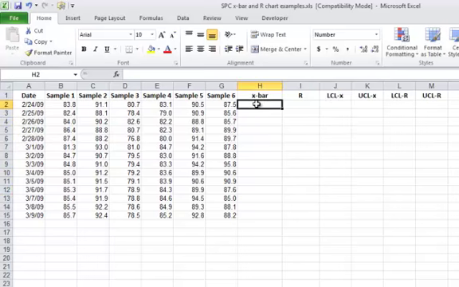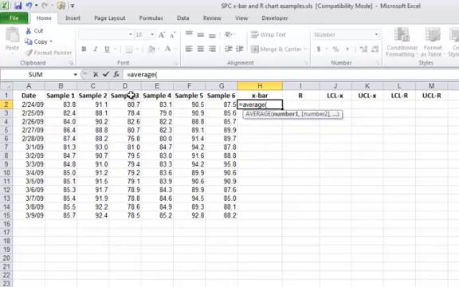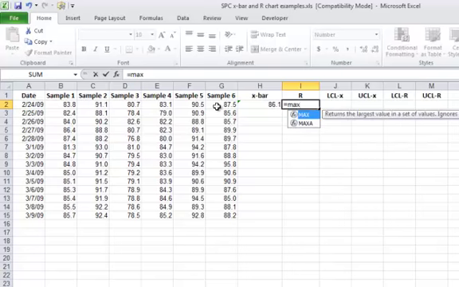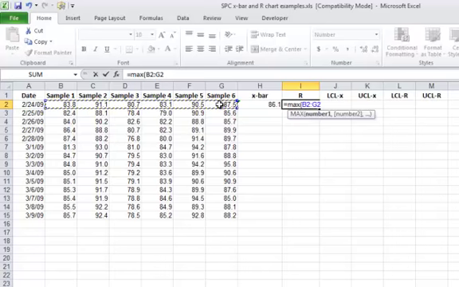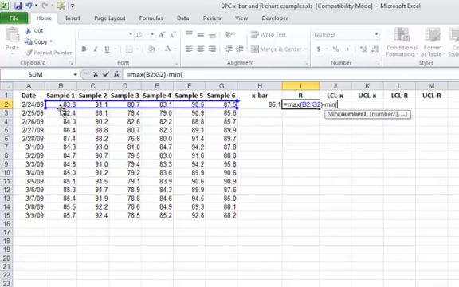The X bar is the average or the mean of the sample for that day in this case. And the range is simply the max of the samples minus the min of the samples. So there's the max minus the min, and that's the range for that sample.